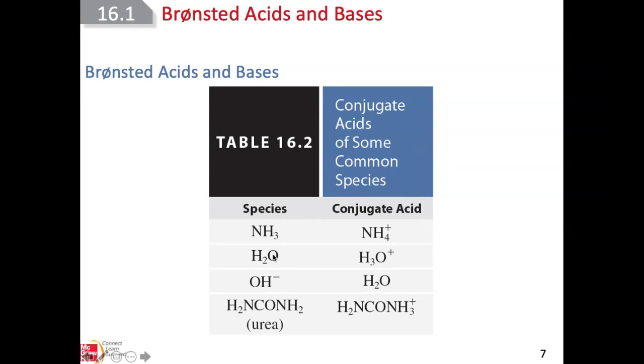H2O, if it accepts H plus, its conjugate acid will be H3O plus. OH minus is the same: you add H plus to that, you get H2O. And for urea, you add H plus and you get its conjugate acid. So make sure you understand how to identify Bronsted acid and base pairs. The difference between them is one H plus.